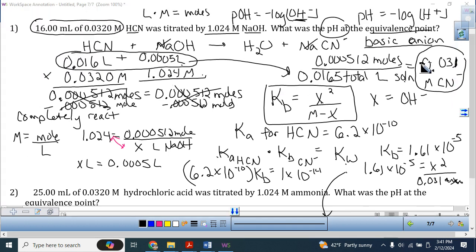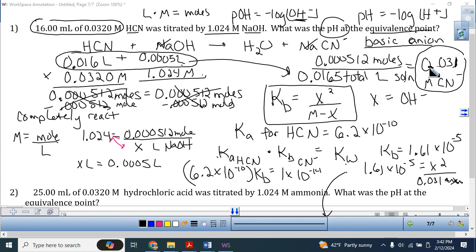So this is the process. Write your balanced chemical equation. Find moles from what's provided. Once you find the moles, find the liters of the other substance to get your total liters. The limiting moles, that's how much of your conjugate will form. So using your moles divided by the total volume of your acid and base, that's going to give you the concentration.